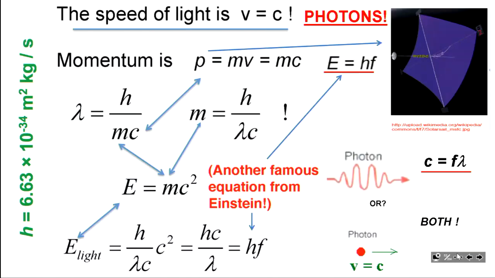And Einstein used Max Planck's equation, but he also added his own equation.